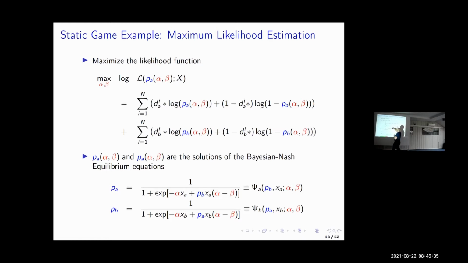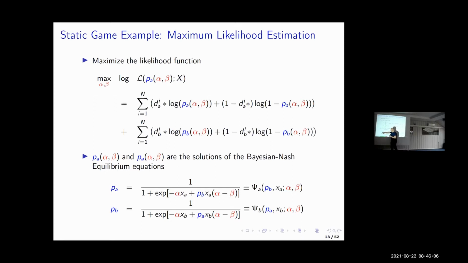And so we can write up a standard discrete choice likelihood: an indicator for firm A making the investment times the probability that it is doing so, the opposite case, and you get the contribution for firm B as well. All of this is a function of the structural parameters. Now, what are these? Well, these are actually the solutions to the set of Bayesian Nash equilibrium equations here.